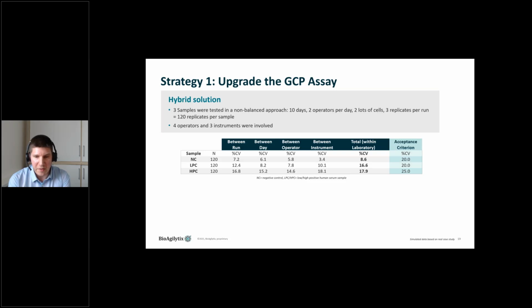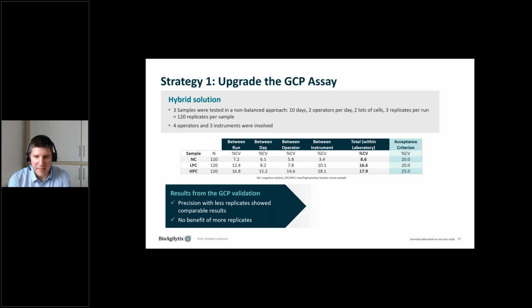And then if you put, yes, thank you, the data from the GCP assay that had been previously validated, you can see that the CVs are slightly better, but there's no significant difference in the performance of these 2 assays.